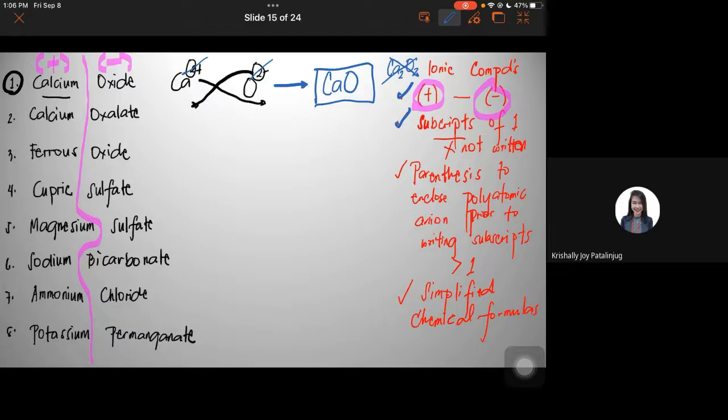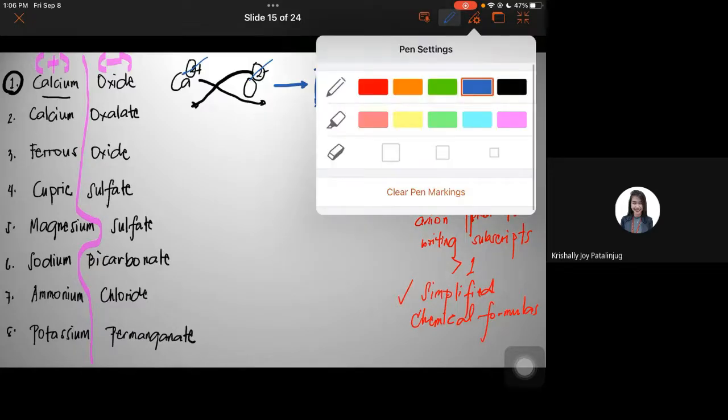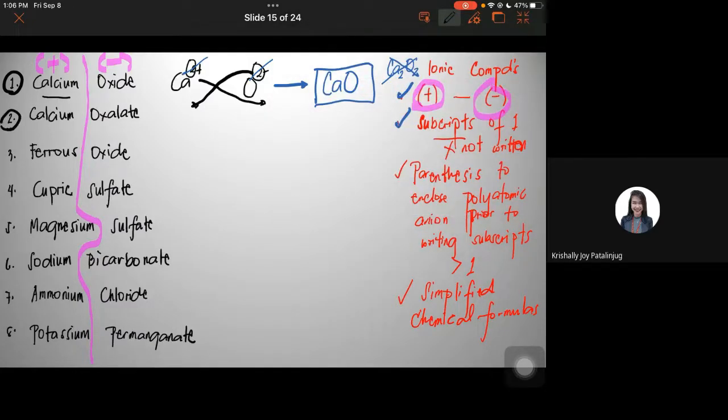So that's calcium oxide. Okay, let's proceed to the second sample or exercise, calcium oxalate. So calcium again is Ca2 plus. Then oxalate, try to check your notes in the list of ions. It's an anion, C2O4 with a charge of 2 negative.